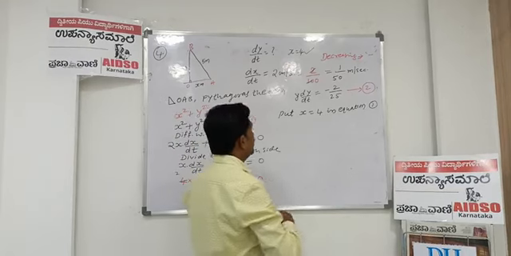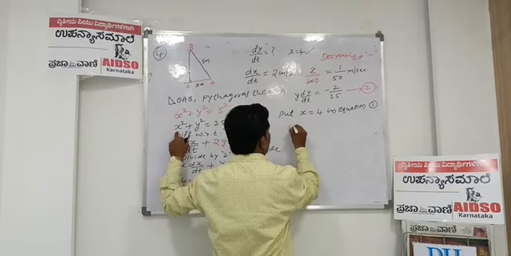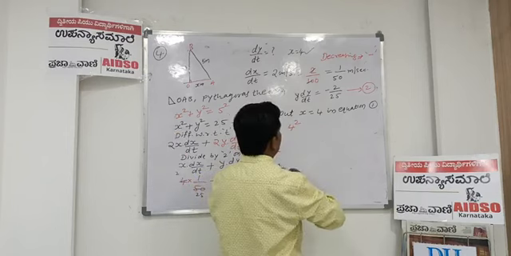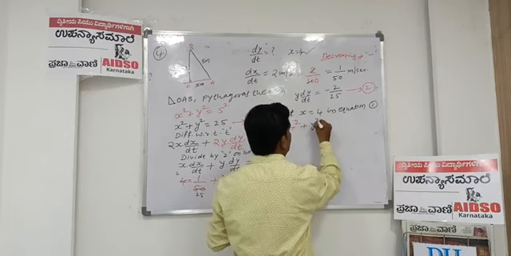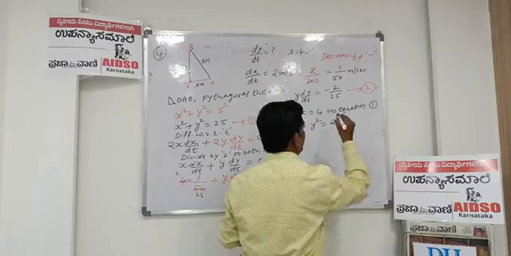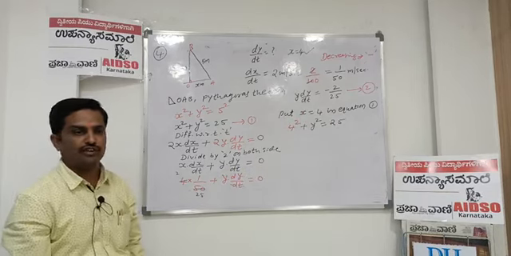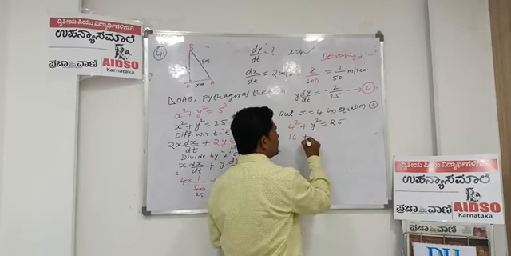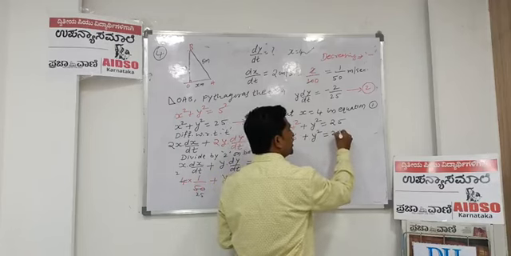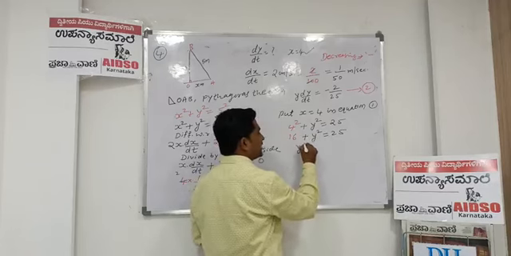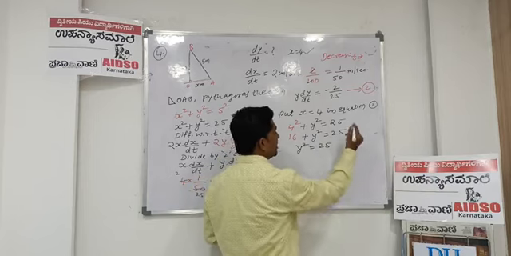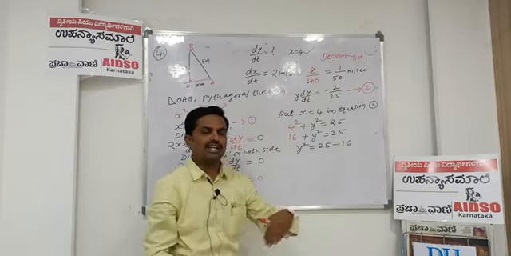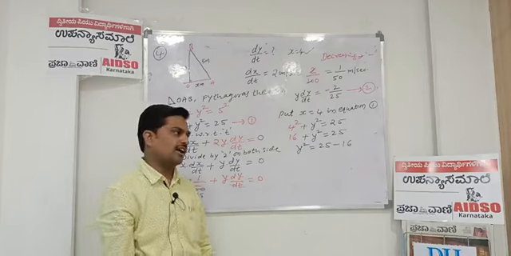So it will be 4 square plus y square is equals to 25. Then 16 plus y square is equals to 25, and y square is equals to 25 minus 16, transposing to the RHS side.